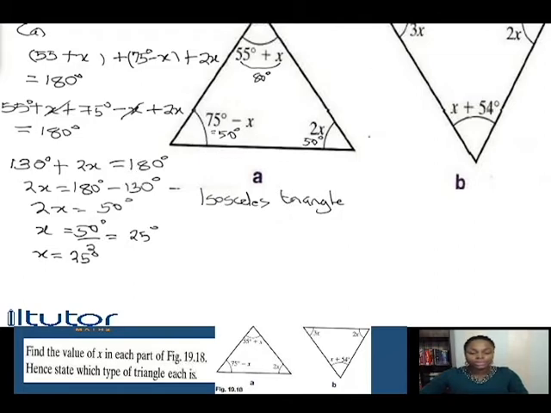So now we move on to the next triangle, triangle B. The sum of angles in a triangle is always 180 degrees. So we have the angles here are 3x plus 2x plus x plus 54 degrees.